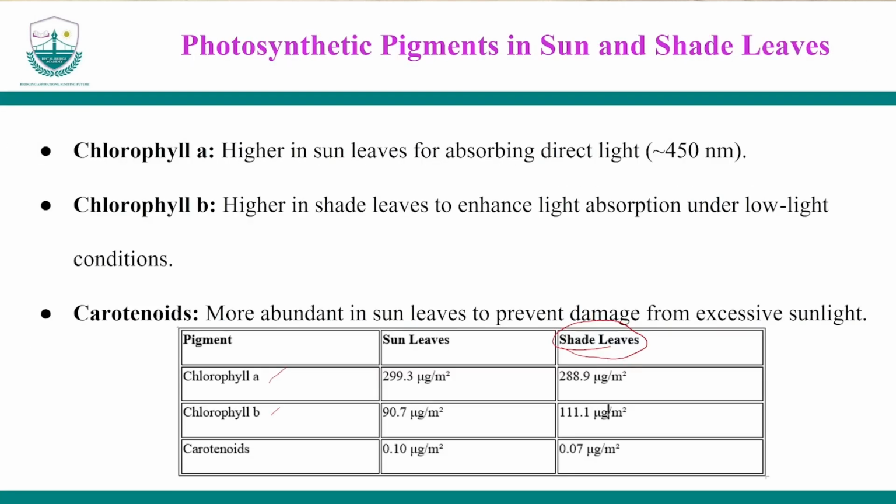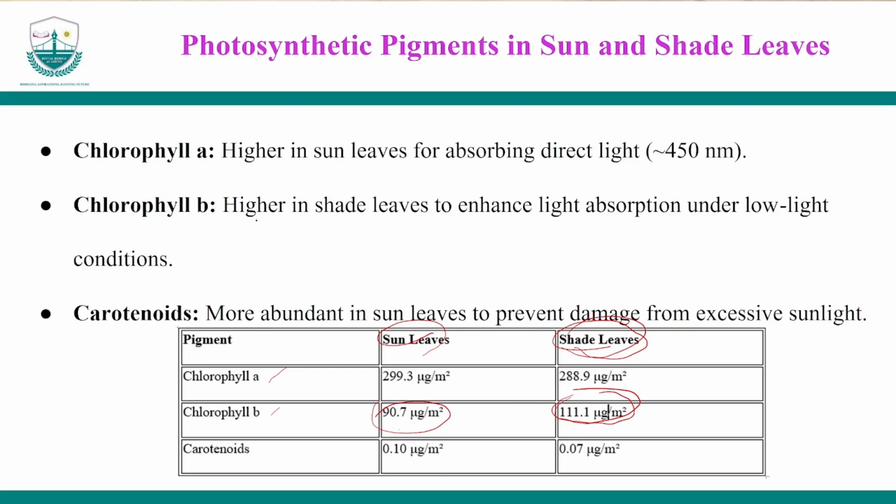So we come here, we check. Yes, you can see here, if you were to compare what happens in sun leaves and shade leaves, the shade leaves have more chlorophyll B compared to the sun leaves.